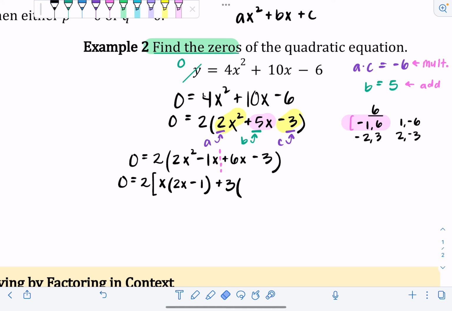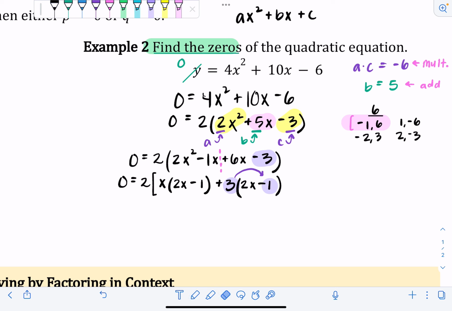When I try to figure out what is going to be left inside the parentheses, I can think: 3 times what would go right here that would bring me back to 6x? I would have to multiply 3 by 2x. And then 3 times what would go right here to bring me back to negative 3? I would have to multiply 3 by negative 1.